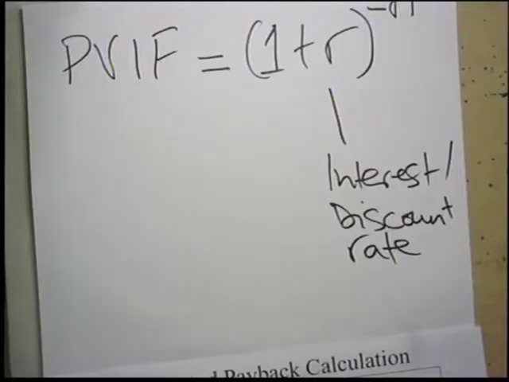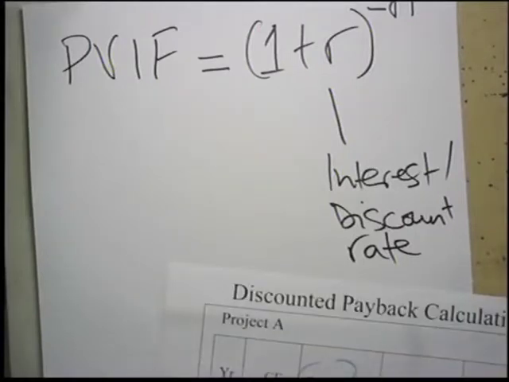Now, we do these calculations manually, but more often than not, we use what we call tables. These tables are found in your accounting textbooks. I will just show you what these tables look like. Let me try to zoom in further. All right, I hope you are able to see.